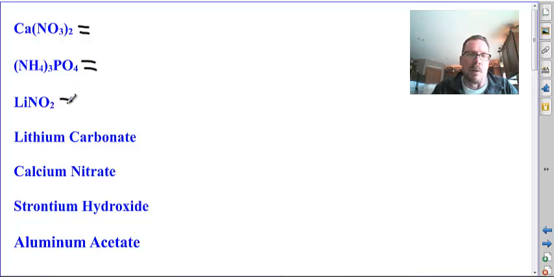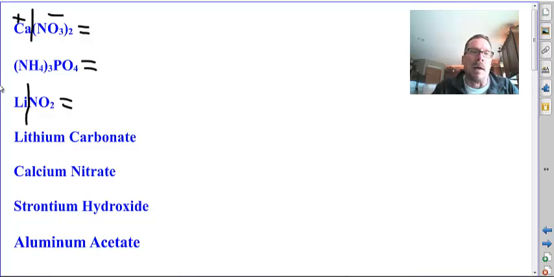Now, in many respects, once I recognize that this is a ternary compound, or as we call it, polyatomic, and I can see that all of these have more than two elements, the naming is almost easier because you don't have to change any endings for the most part, unless you're working with ammonium, which we can discuss. So again, I'm going to make my break between my cation and anion at the first element.